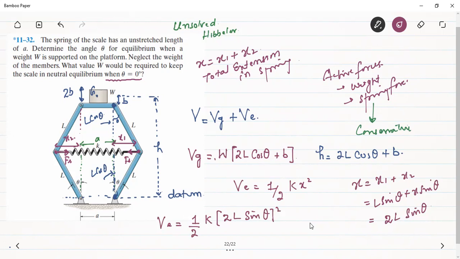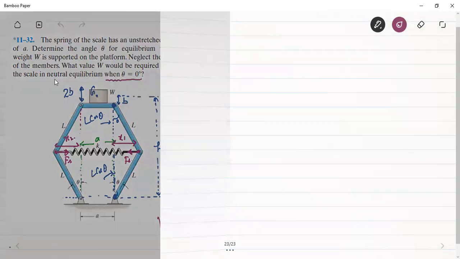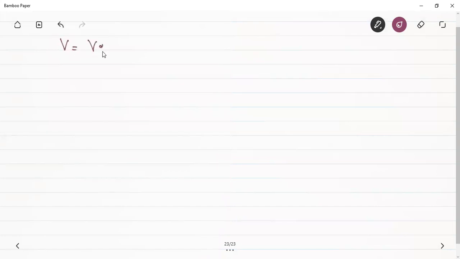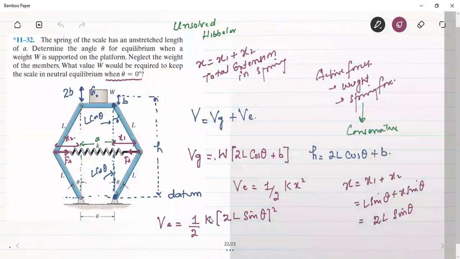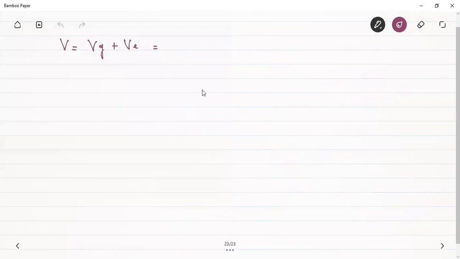Once we have written the gravitational potential function and the elastic potential function, we can take their summation to get the total potential function. So V will be equal to Vg plus Ve. The gravitational potential function is W into (2L cos theta plus b), and the elastic potential function is plus 1 by 2 k x square, where x was equal to 2L sine theta.